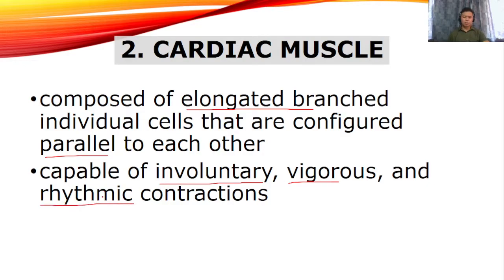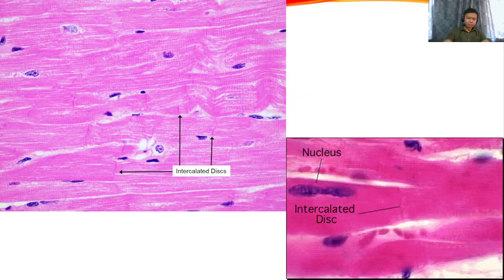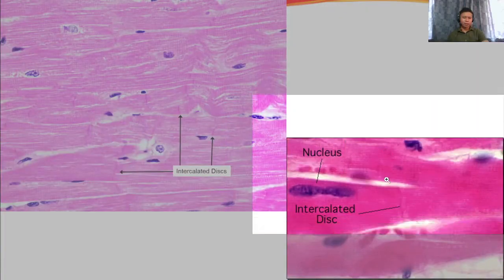When we say rhythmic contractions, it follows a specific pattern, just like a lub-dub mechanism, allowing our heart to beat in a rhythmic pattern, driven by the electrical impulses sent by our brain. Now, the cardiac muscles have a branched appearance.